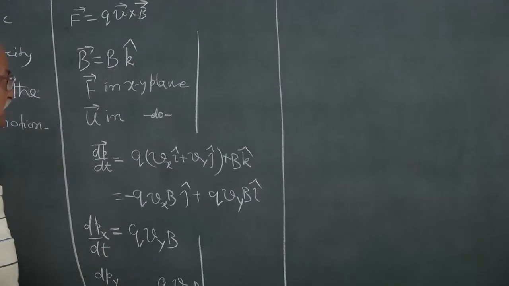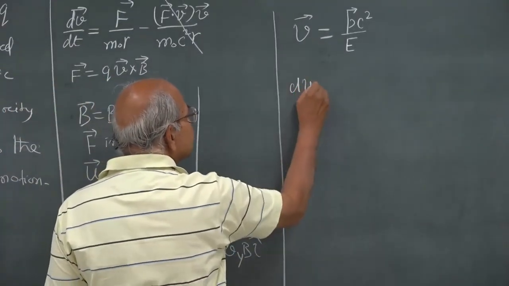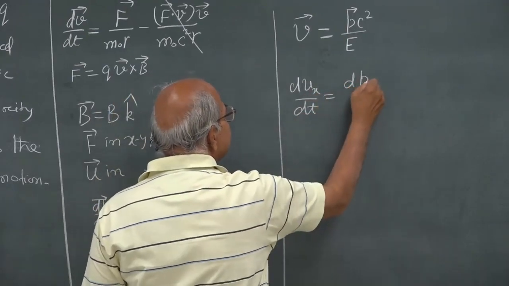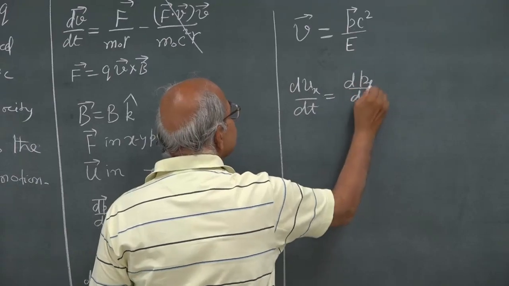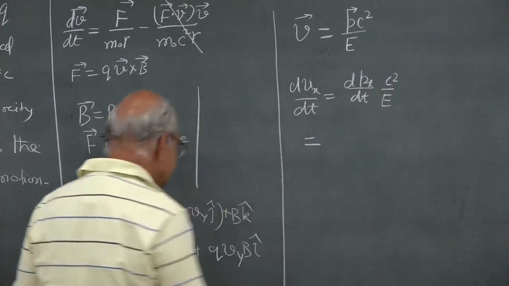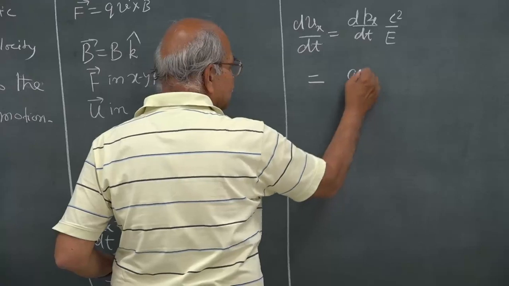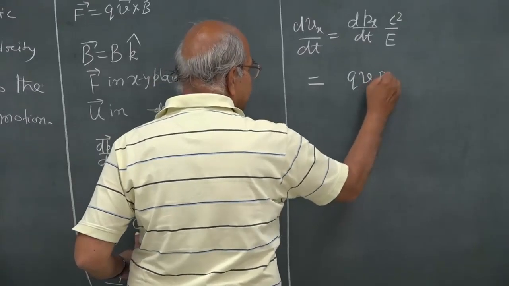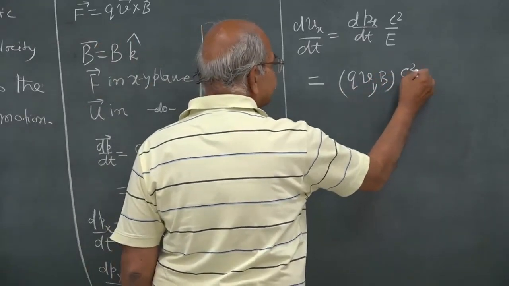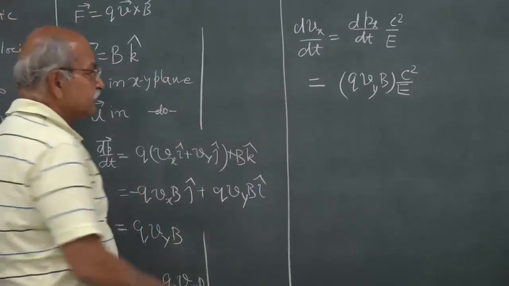So, using this, dVx dt is equal to dPx dt times c square by E, and dPx dt I know, it is q times Vy times B, and that times c square by E. So, that is dVx dt.